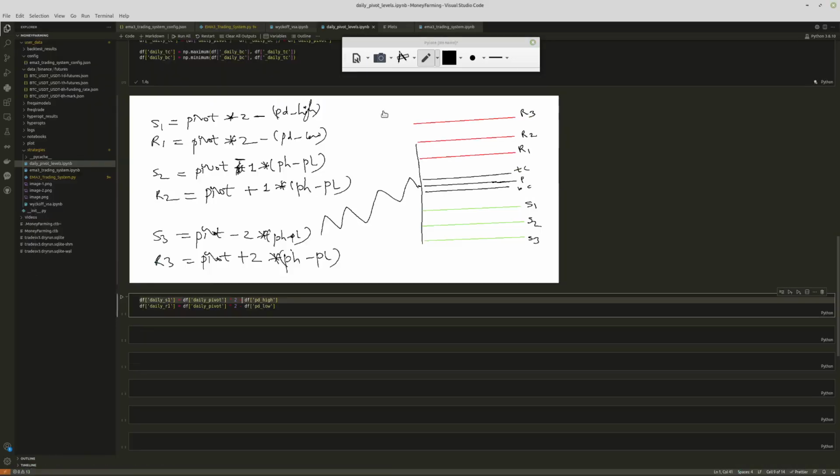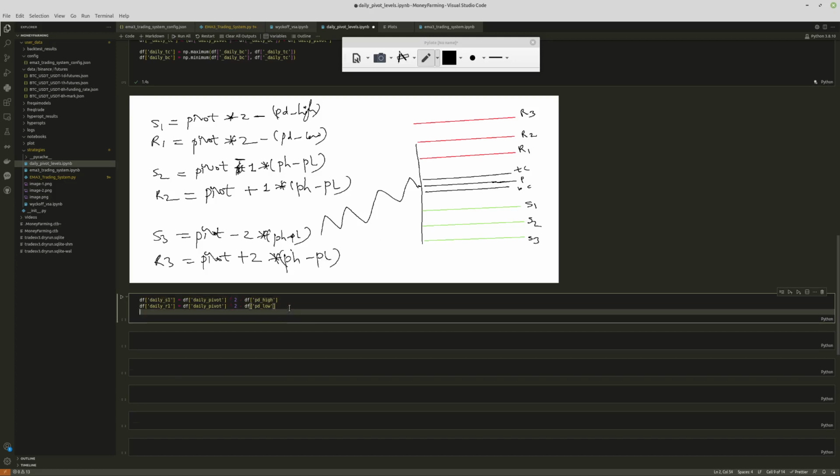Sorry, both are minus. So we take 2 times the pivot and minus high, which is S1, and 2 times that and minus low, which is R1.